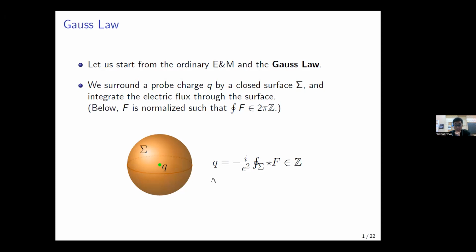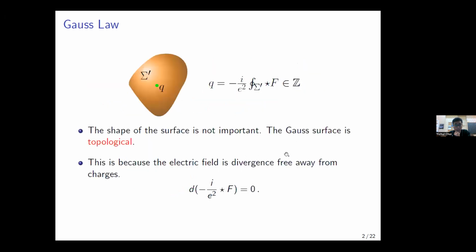In my convention, the Gauss law looks like this. But importantly, the shape of this surface is not important. The Gauss surface is topological. And as you know very well, this is because the electric field is divergence-free away from charged particles.